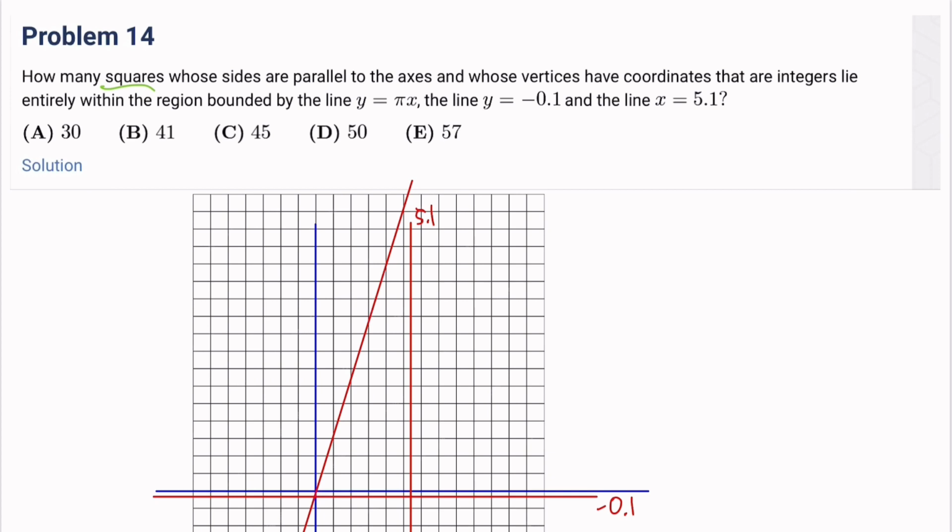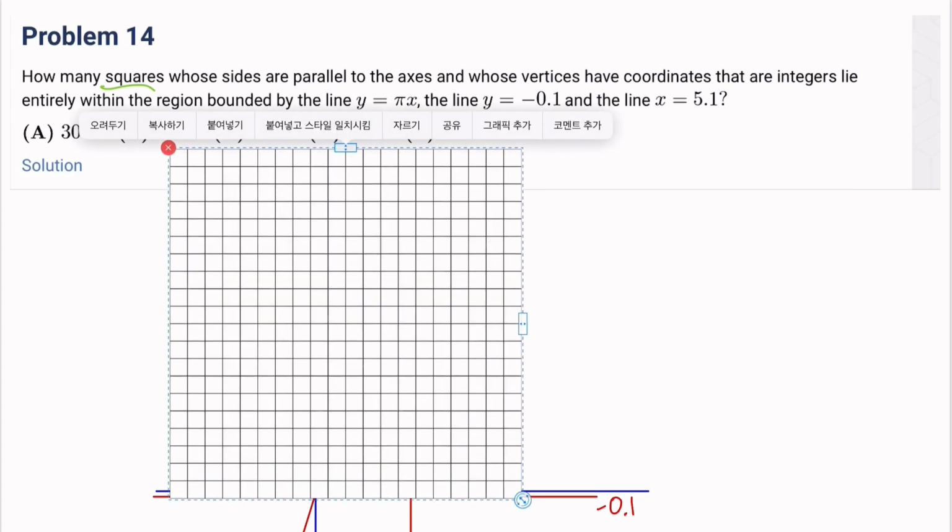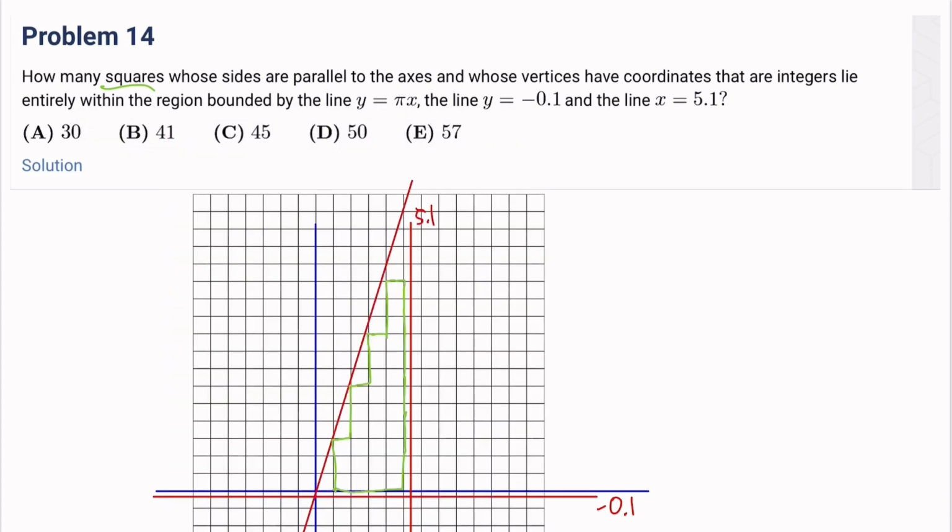And so if we look, we can have the squares in the area that I'm outlining in green right now, and that's the area of squares that we can have, right?